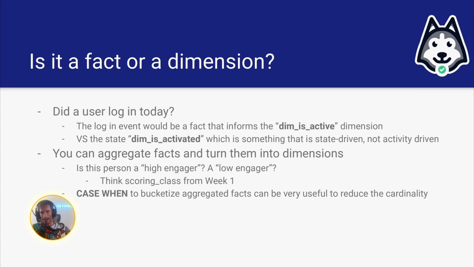That is a fact, but it's also a dimension, because the state is the dimension and the action is the fact. So you actually have both in that case as well. The big thing here is that the delineation between these things is kind of blurry.